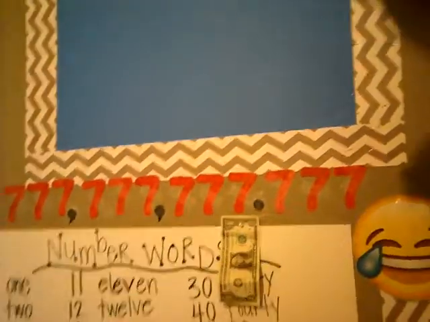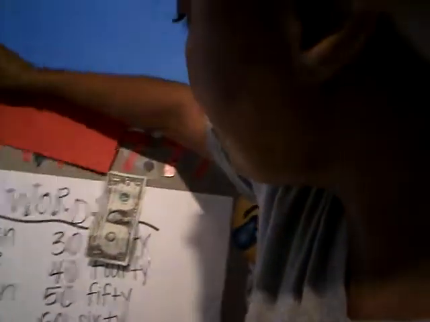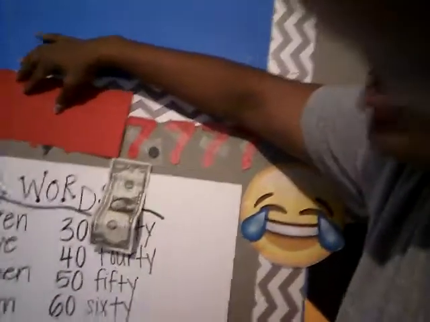With this, what I did was I took a piece of paper and I covered up all of the numbers except for this 7 and showed them that that would be $7.77.